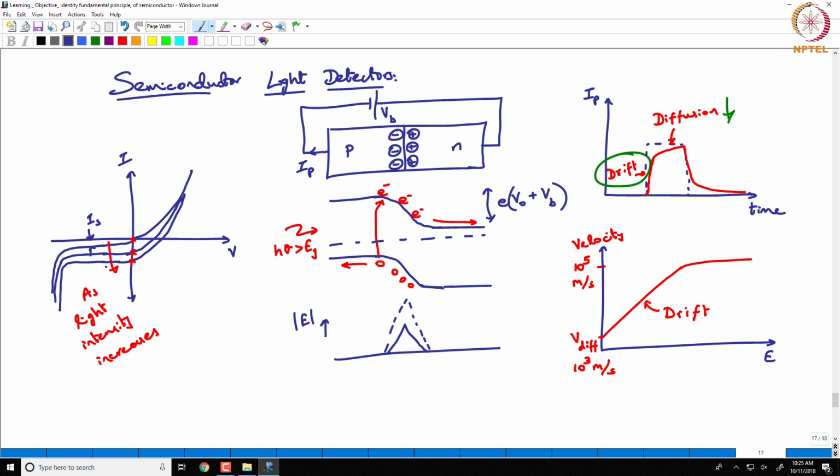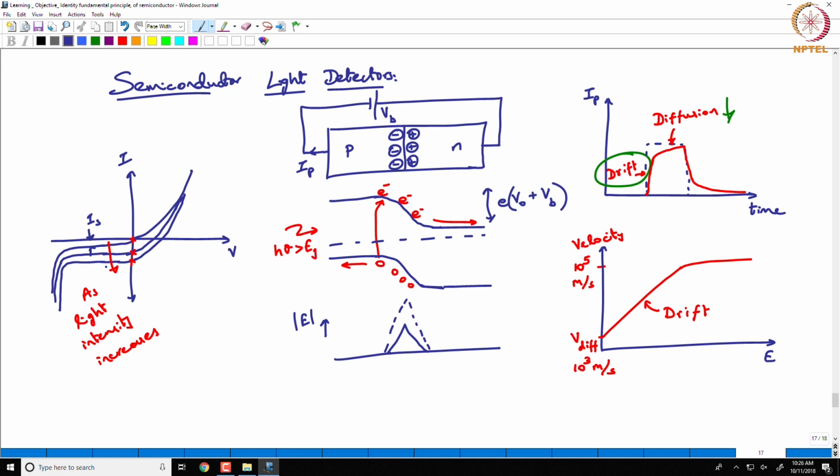They are not actually seeing the external circuit, so they don't contribute to the photocurrent, right. So there will be a slightly lower current generated at 0 bias compared to some higher value of the bias voltage.